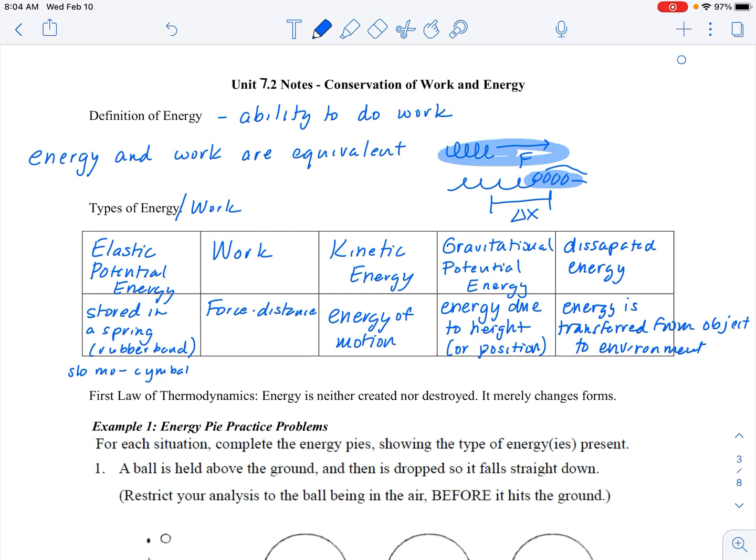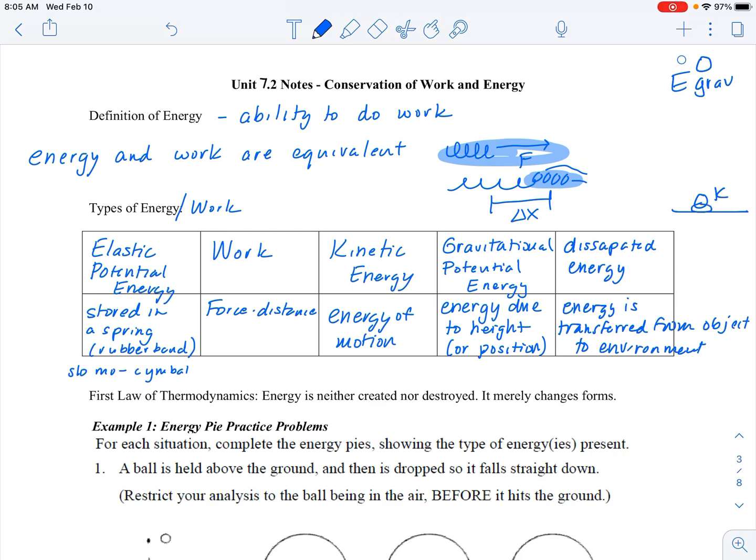So let's suppose, for example, that what I drop is not a ball, but a blob of clay. The blob of clay has gravitational potential energy, which I'm going to call E grav. Then the clay falls, and right before it hits the ground, its gravitational potential energy has turned into kinetic energy.